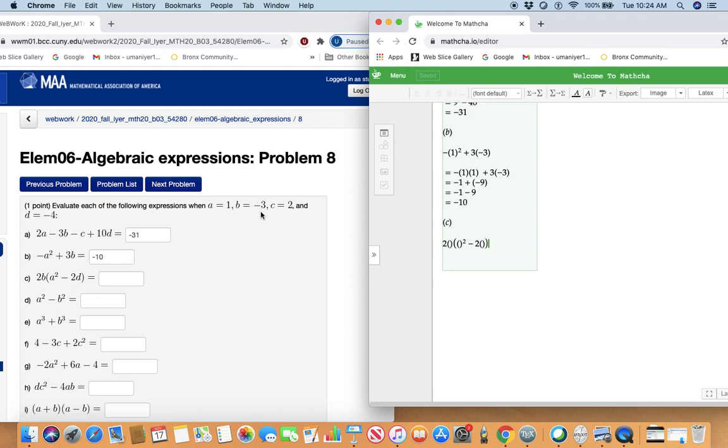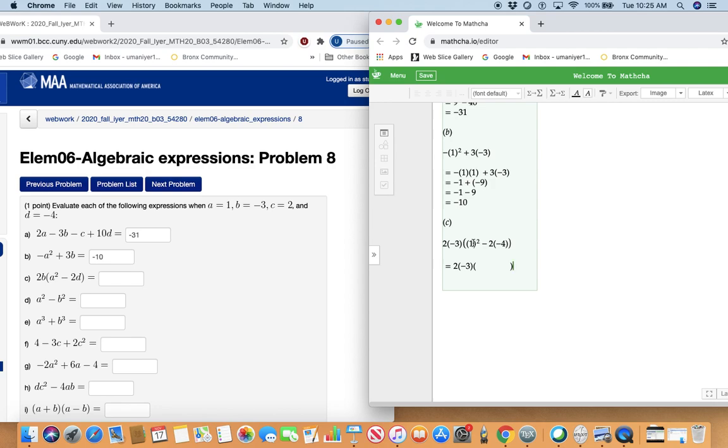B is -3, so this parenthesis inside is -3. A is 1, so this quantity is 1. D is -4. Notice that's a multiplication, that's a multiplication, and there is an entire big parenthesis. Parenthesis first, so I leave the others as they are. Now go inside and simplify.